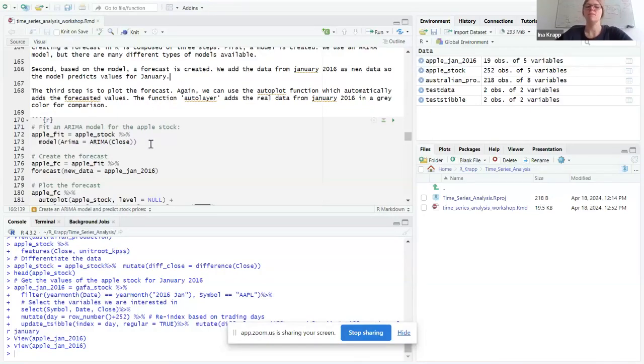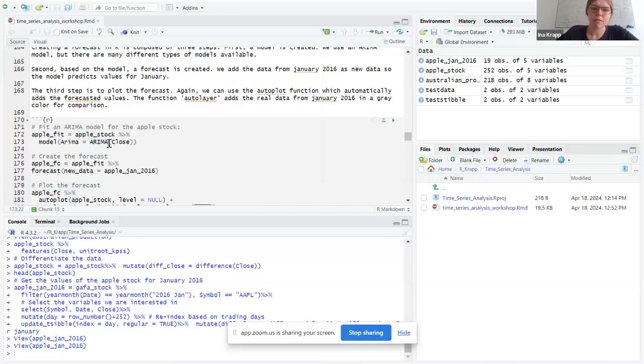The first step is to fit a model. In theory, this could be any model. I only have 1.5 hours, so I focus on the ARIMA model here, but there are many other models available in different R packages.